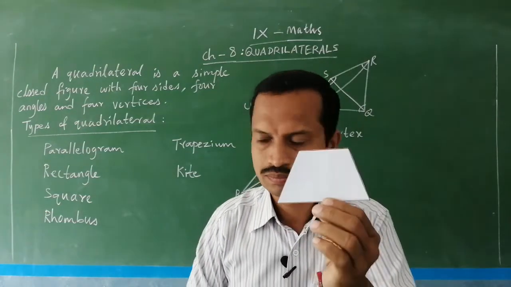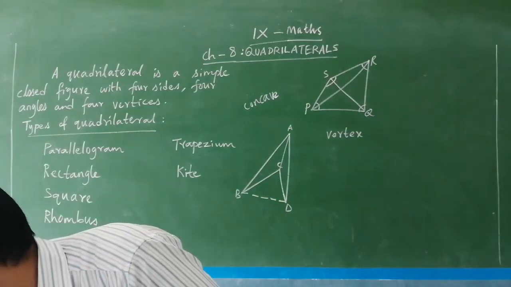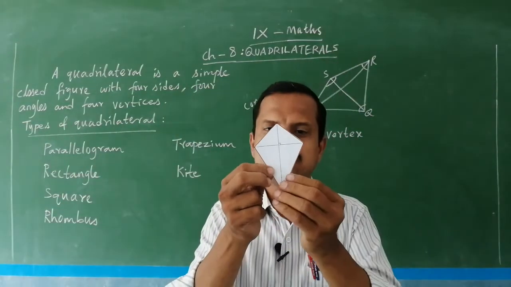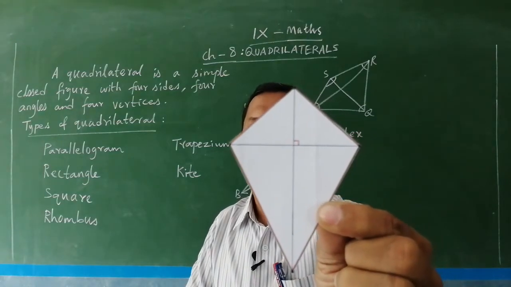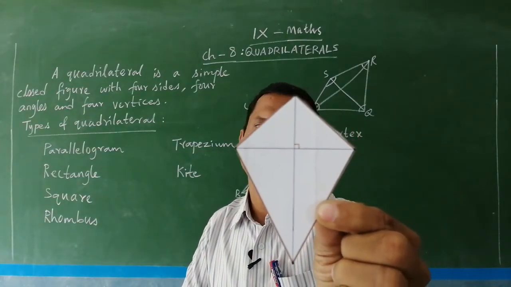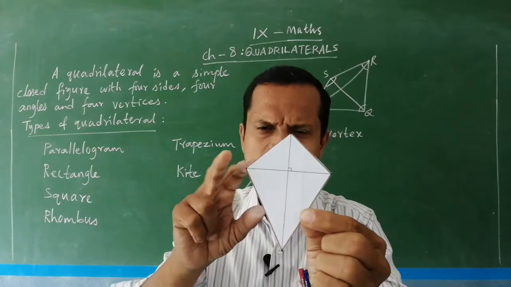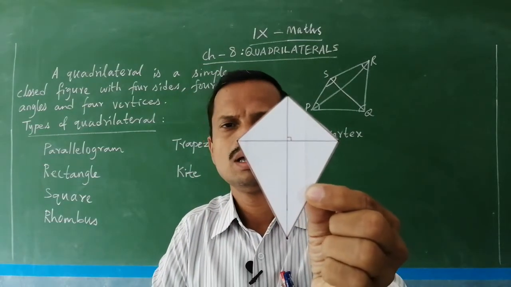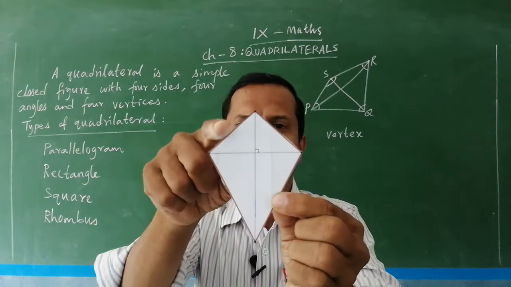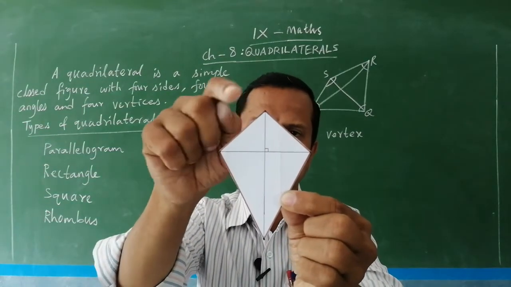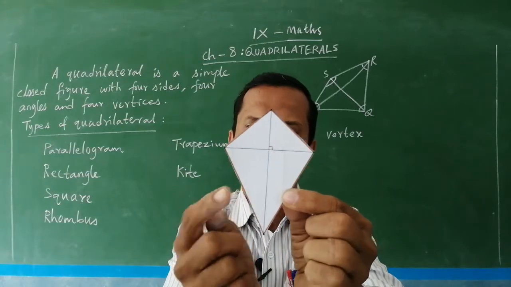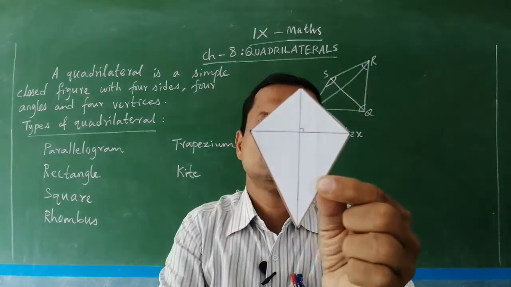Is it clear? And now coming to kite. So kite is a special type of quadrilateral. Here we cannot say opposite sides. Here these two are adjacent sides, the top adjacent sides, and these two are the bottom adjacent sides. Clear?